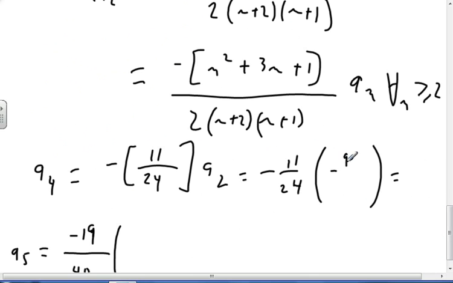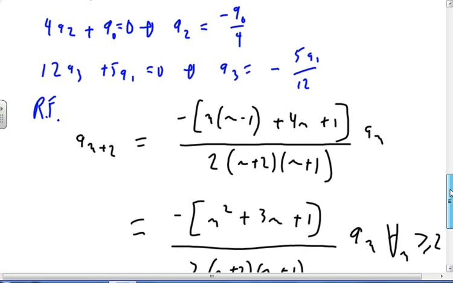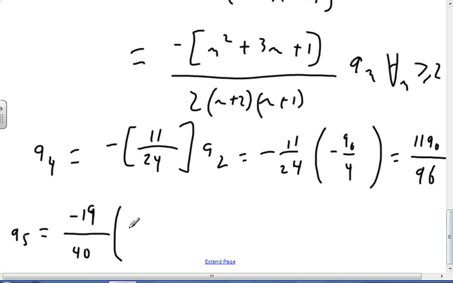So this would be 11 A0 over 96. Alright, so I've got minus 19 over 40 times A3, which is minus 5/12 A1.